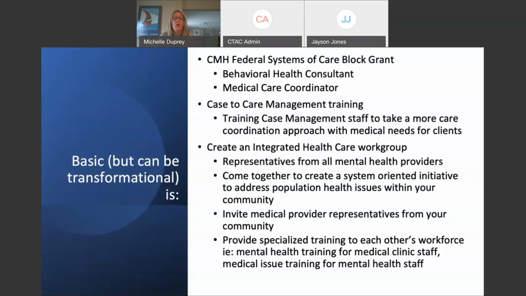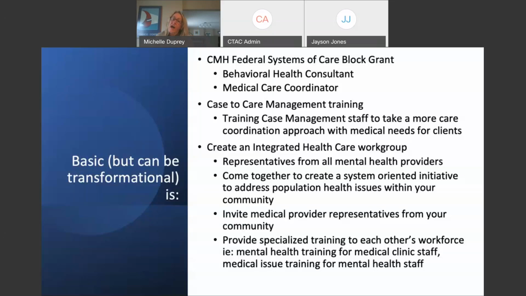That we found was a huge game changer in the ability to partner with whoever the doctor is. So in this case, my medical care coordinator could talk to any doctor, even go to visits with the patient sometimes. So that's a basic kind of strategy, but it certainly is something that can be very transformational and has been very transformational for the clients that we've served through this idea.